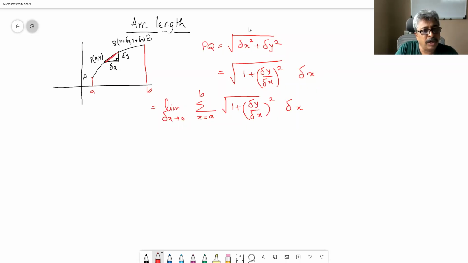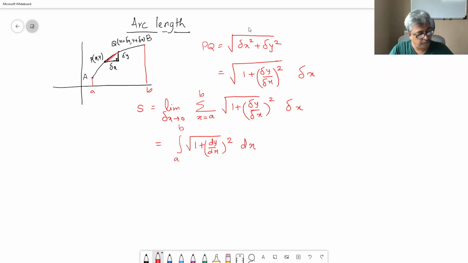This is going to be the total length of the curve AB, denoted by S. And we know this limit of the sum as delta x tends to 0 is the integral from A to B of radical 1 plus (dy by dx) square dx. Keep adding those small segments and you will get the length of the curve. That is our formula.